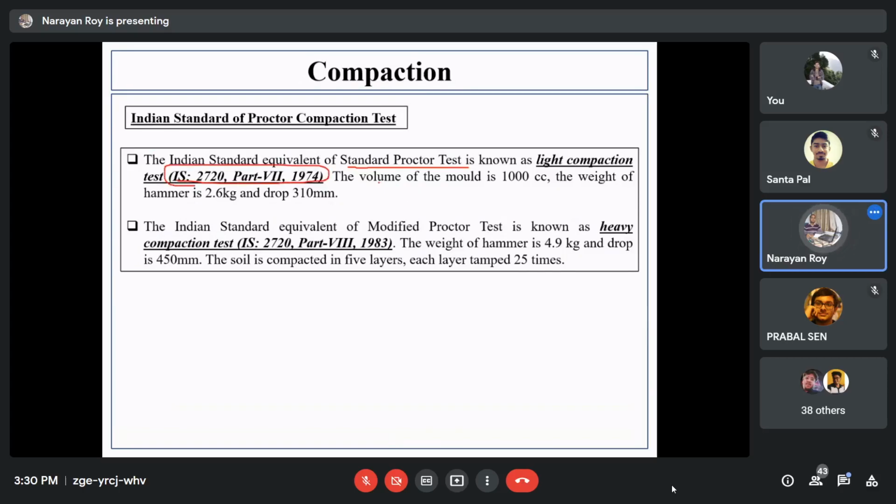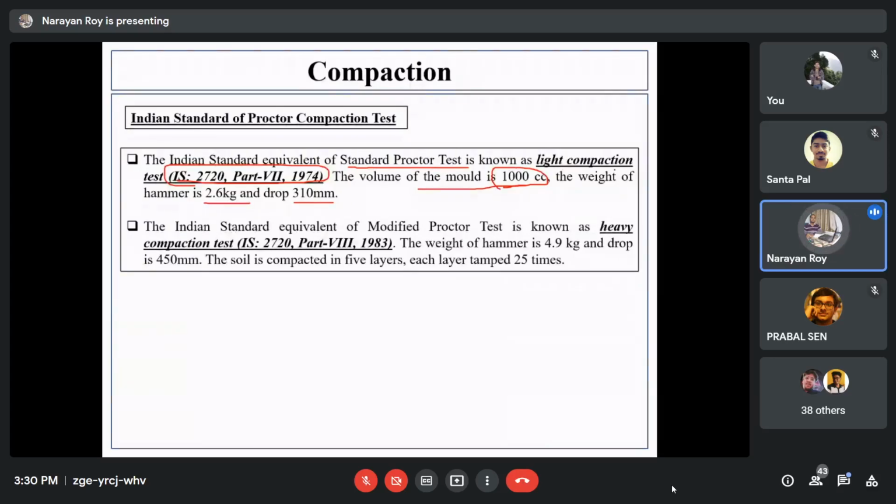And here just a very simple modification has been made. What is that? The volume of the mold is 1000 cc. Earlier we saw for the standard Proctor test it was 933, as far as I can remember. And here they have modified it, keeping the value 1000 cc. And the weight of the hammer is 2.6 kg and drop is 310 mm. These are also a little bit modified.